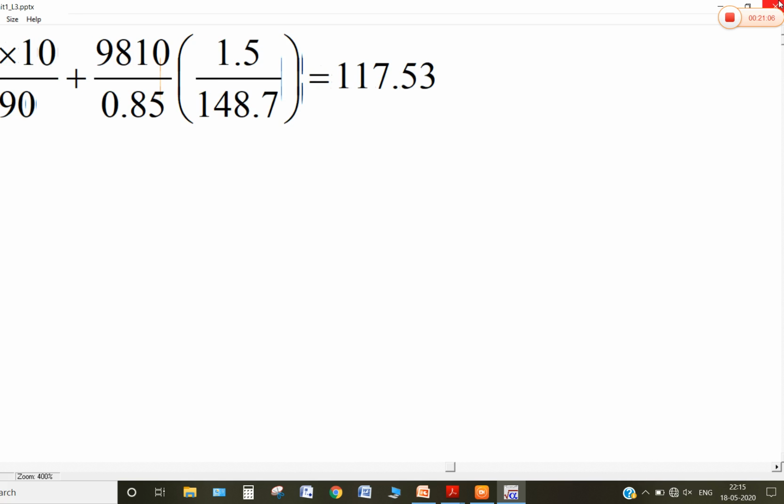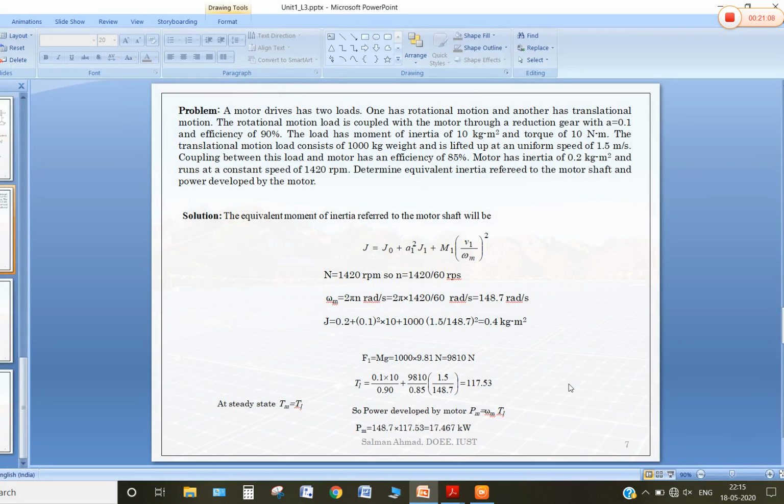So this is 0.1 into 10 upon 0.9. This will be some other quantity, just calculate it. By that you can find the equivalent load torque. Once the equivalent load torque is known, you can multiply with speed omega m to compute the power developed by the motor.